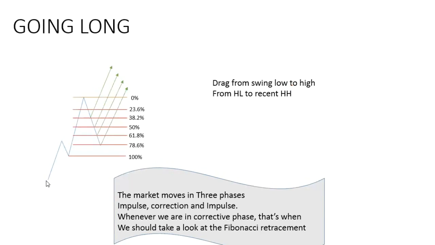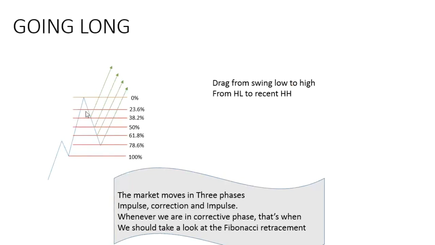We could easily drag our Fibonacci from here up until here, and this point here would have been a key percentage. We only have this point here. So we're taking this higher low, and then price created a higher high somewhere around here.